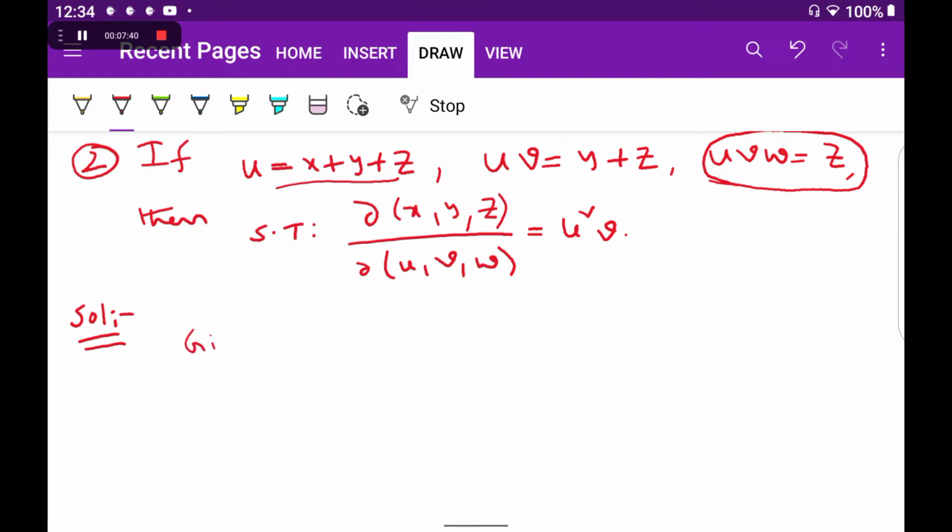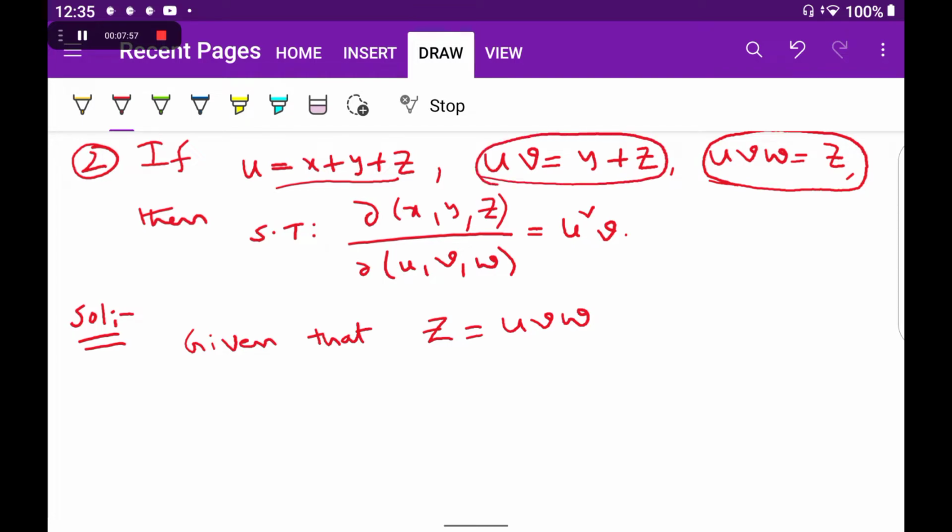Given that z is already given as uvw, right? Now we need to express x and y in terms of uvw. So from the second relation, uv equal to y plus z. Here we know z.